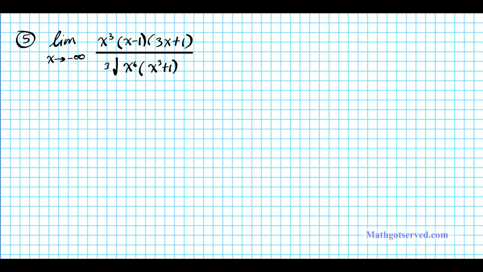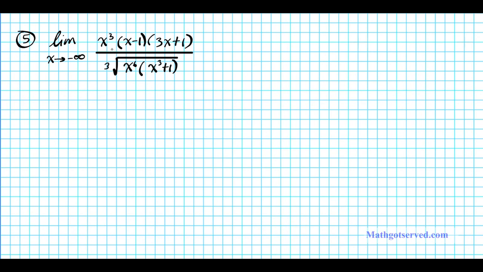Now if you take a look at this limit, how would you classify it? This is a limit involving infinity. It's an infinite limit where x approaches infinity. So whenever x is going to negative infinity or positive infinity, you want to look at the growth rate of the functions, and then that can help you determine the limit.